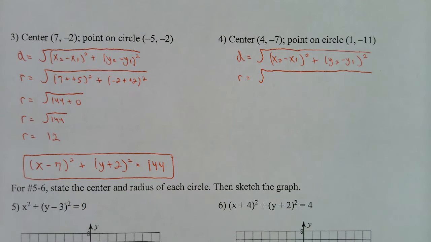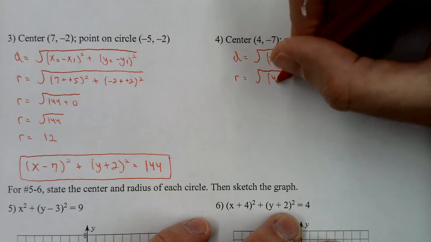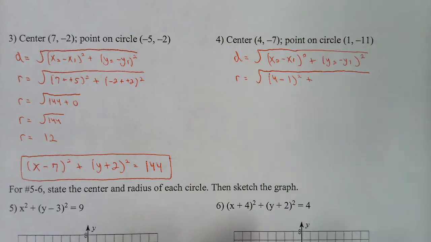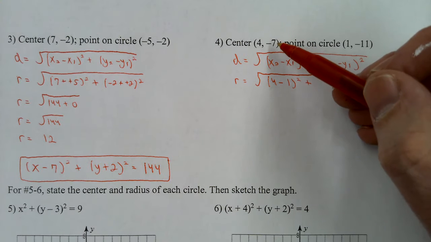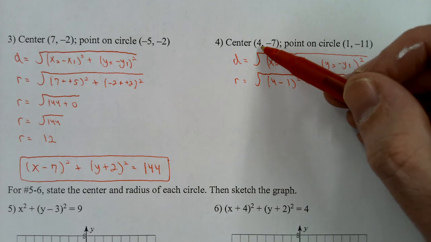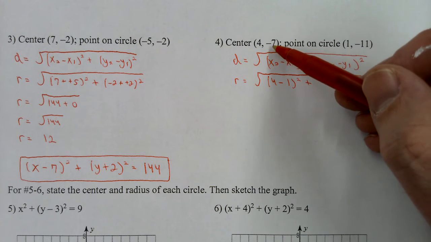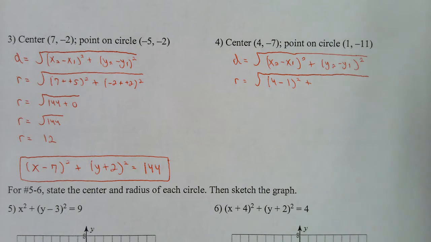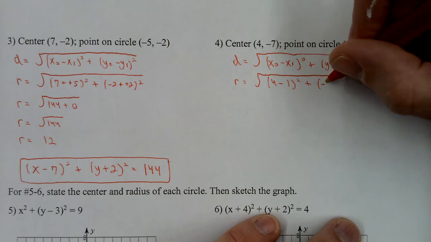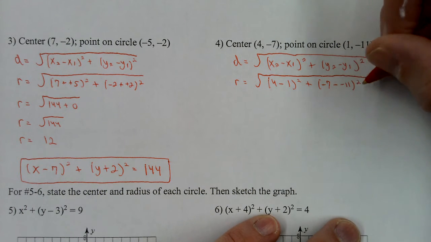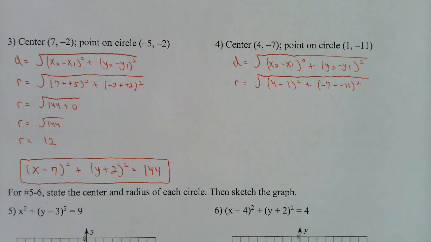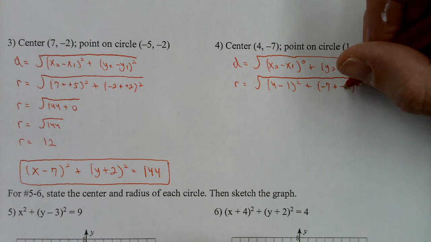Subtract the x's, so I'll do 4 minus 1 squared. Plus, subtract the y's, make sure you start with the same one. So I started here last time, I'm going to start here again. Negative 7 minus negative 11 squared. You can make the minus negative plus a positive.